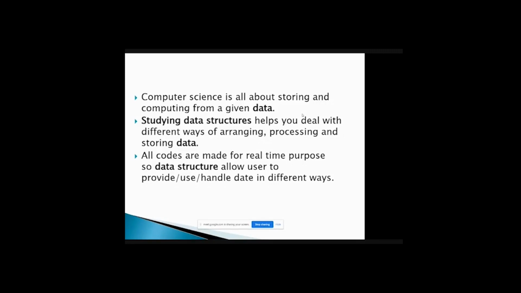This is what we are going to study in data structures: how it is organized, how it is processed, and how it is stored. All code is made for real-time purposes. Generally, when we deal with data, it is for real-time purposes. So data structures allow the user to handle the data in different ways.